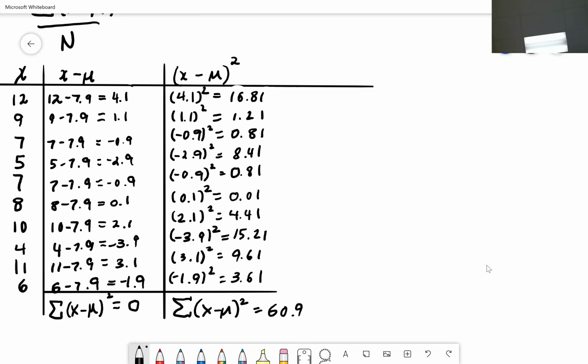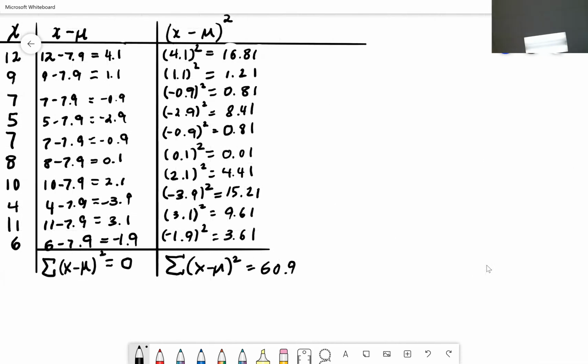This is referred to as our sum of squares, S of x.